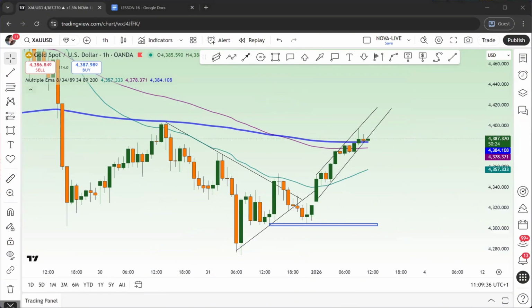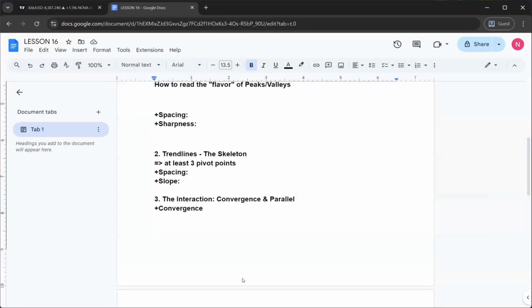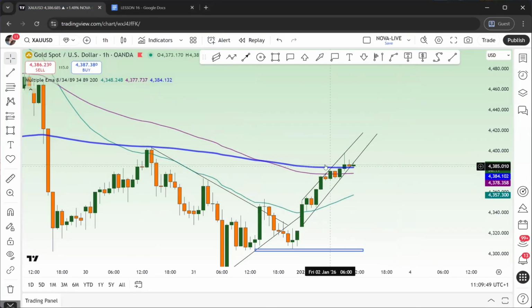And the second scenario of trend lines is parallel. Like I just gave the example for you. This one. It nearly looks like parallel lines, right?